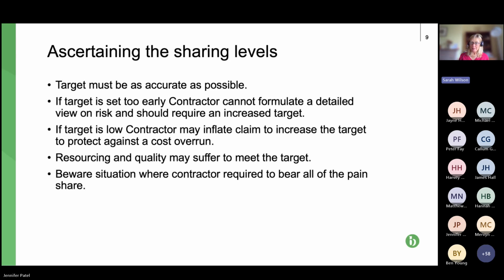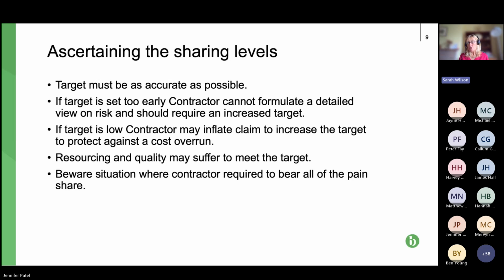So if you've got all your site investigation, then your target can be pared down. If you haven't, then you're going to have to factor in risk to cover that, particularly in view of what we tend to see now, which is pain gain sharing, and we'll see this later on.